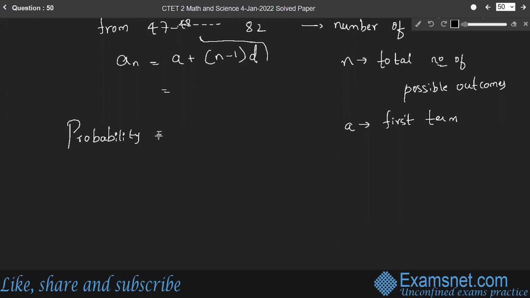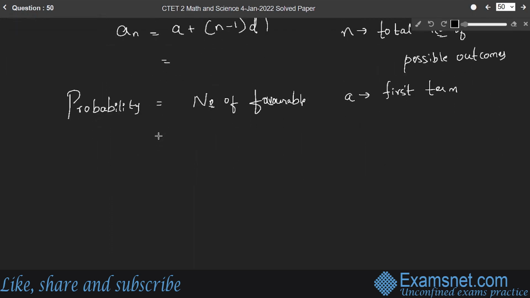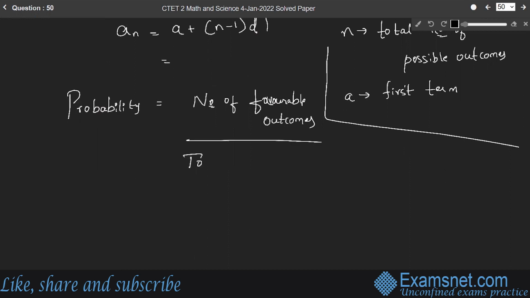Or you can say it as number of favorable outcomes divided by total number of possible outcomes. Right? So come to the calculation part.